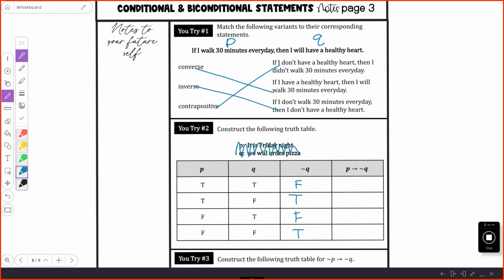Now my next thing to do is I am now looking at P implies negate Q. So I'm ignoring this, and I'm looking at just this new conditional statement, P implies negate Q. And remember what we learned. If P is true and Q is false, then the whole thing's false. So that would be true, false, false. Okay. Everything else is true.